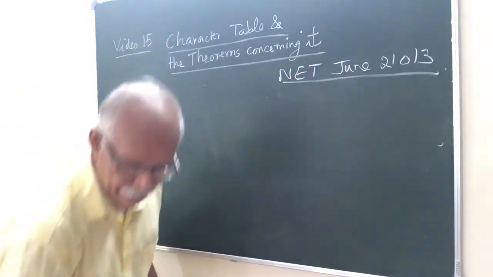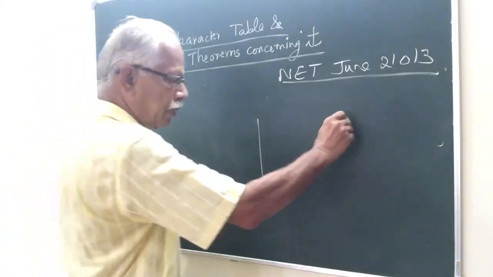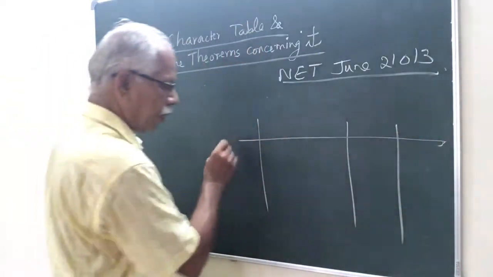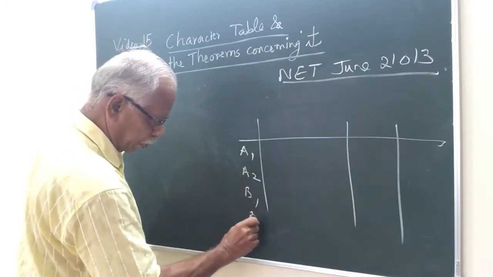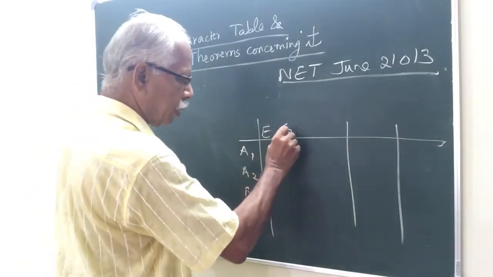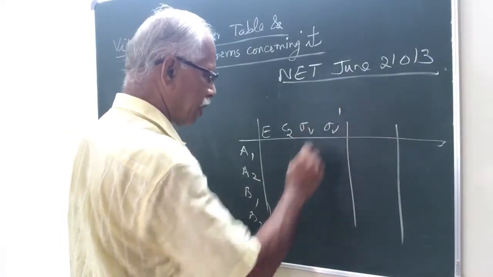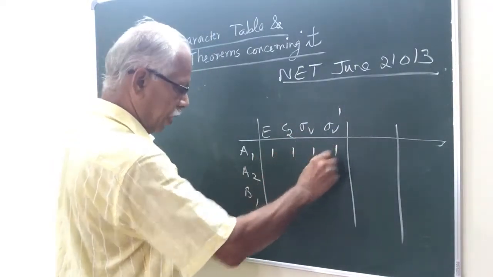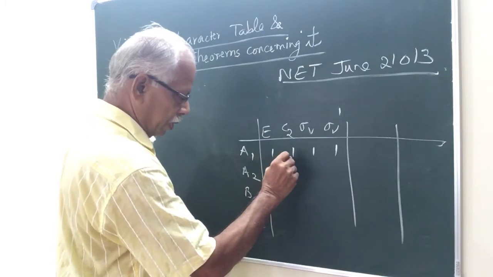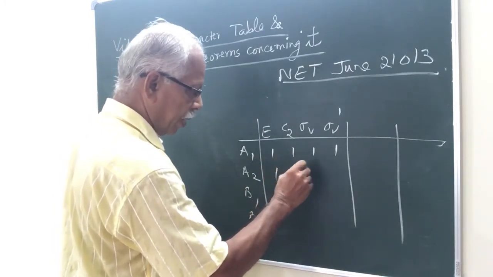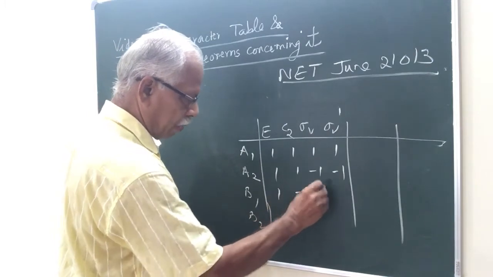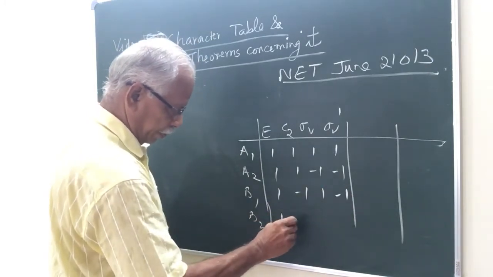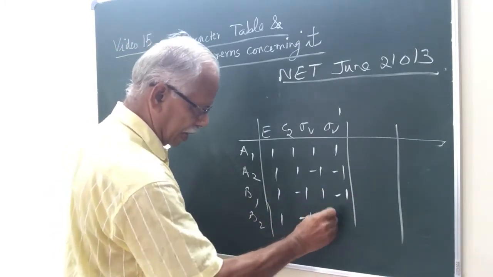In the case of the C2v character table, which I rubbed off, A1, A2, B1, B2 under identity, C2, sigma v, sigma v dash: A1 is 1, 1, 1, 1. A2 is 1, 1, minus 1, minus 1. B1 is 1, minus 1, 1, minus 1. B2 is 1, minus 1, minus 1, 1.